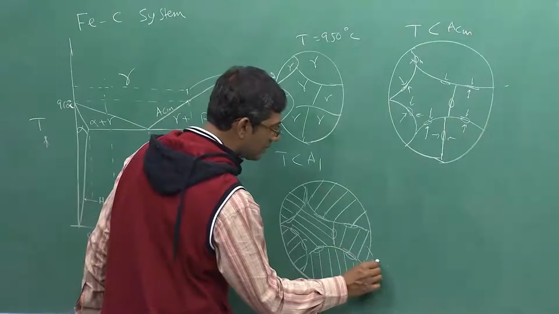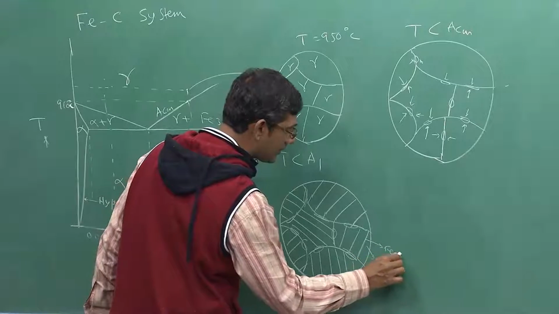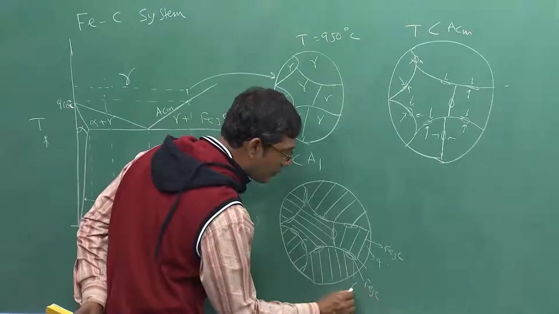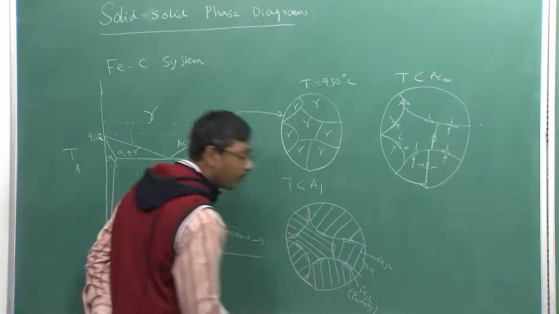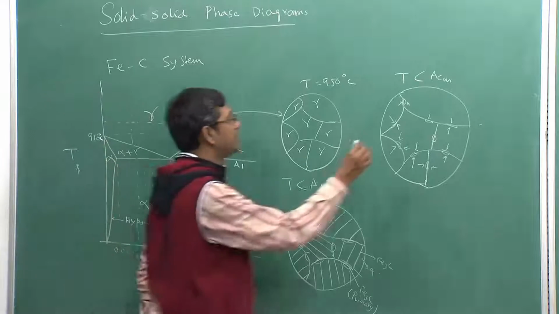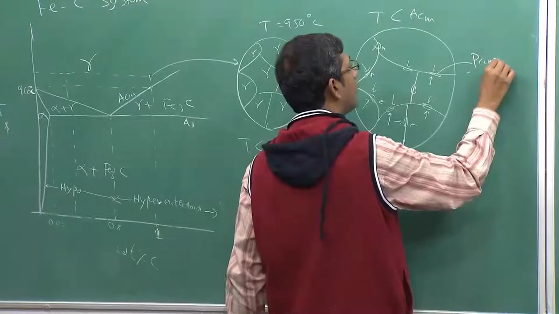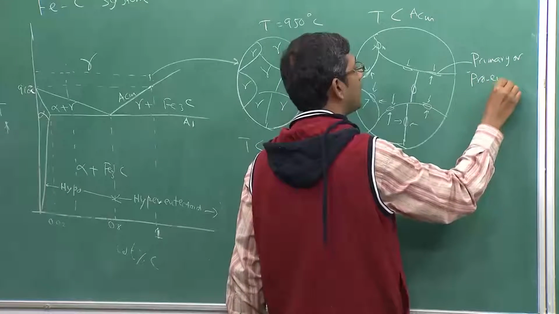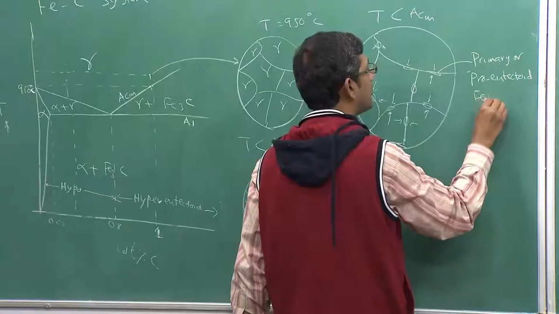So, this is alpha, this is Fe3C. This is also Fe3C, but we call this primary or pro-eutectoid cementite.